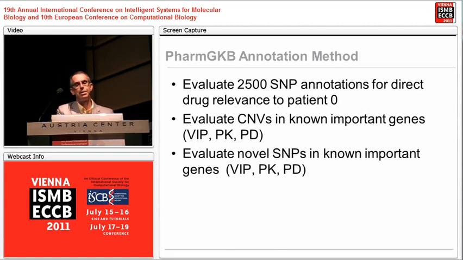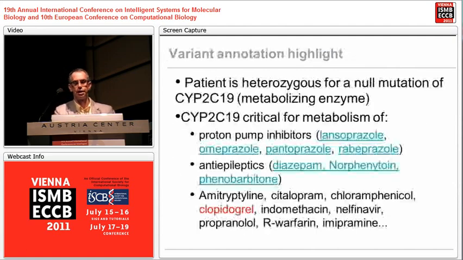We also looked at the copy number variants in our VIP genes. PharmGKB has this thing called very important pharmacogenes, which are genes that are frequently implicated in drug response. And then we looked at the novel SNPs only in those VIP genes, because only in those genes would we be able to predict what might be the effect of these novel SNPs.